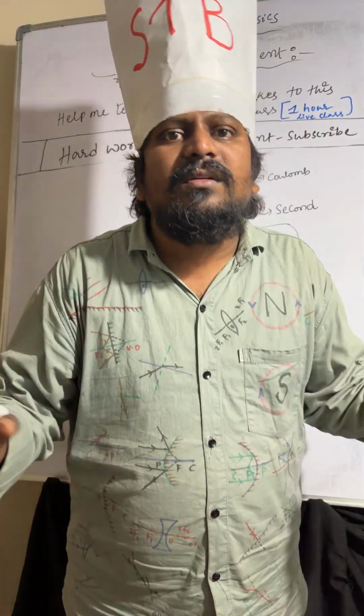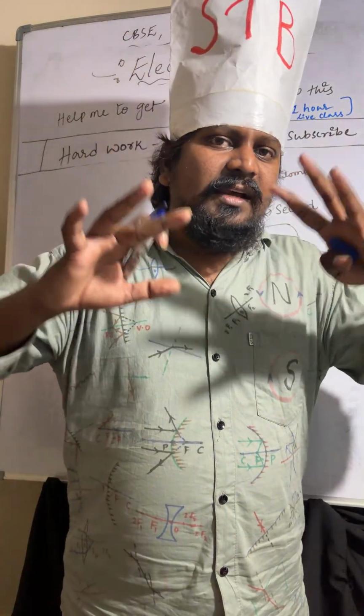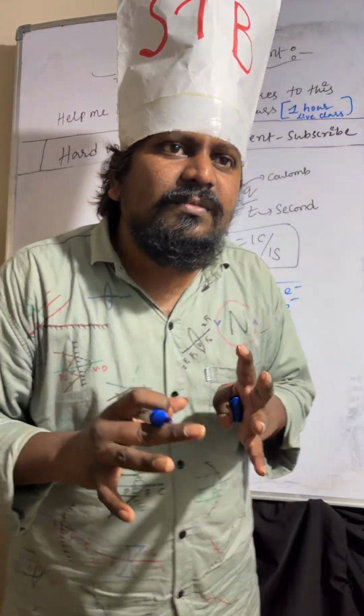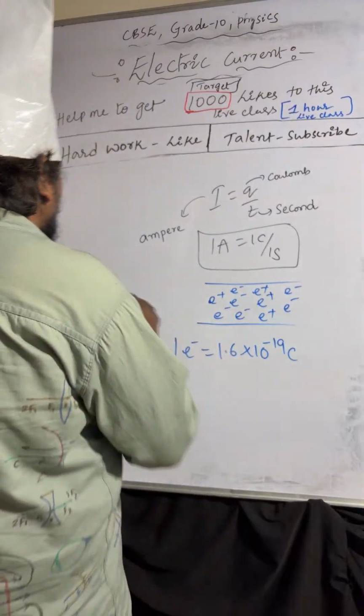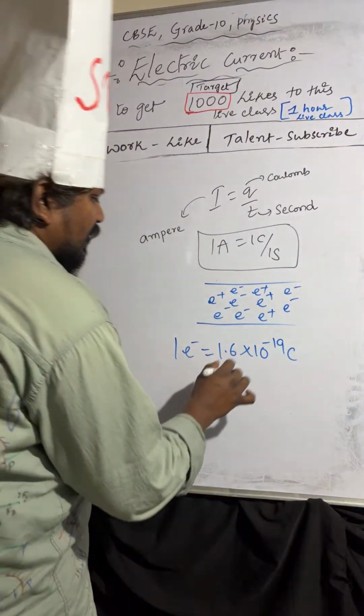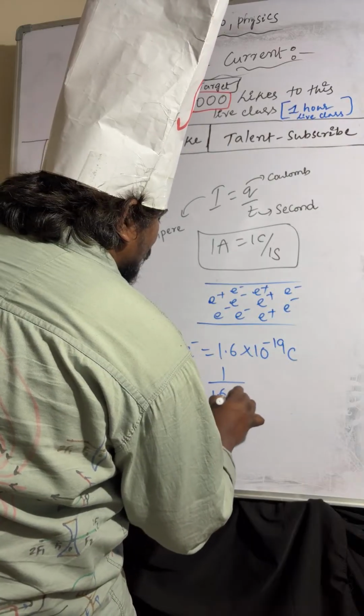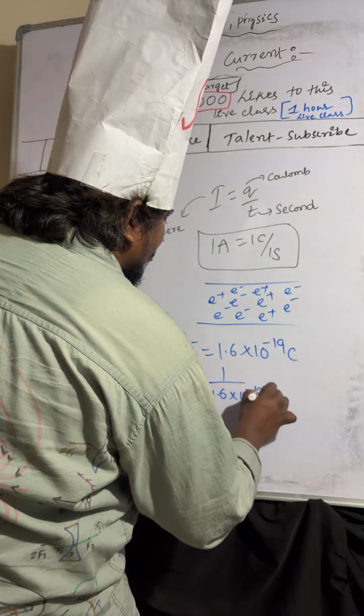In 1 coulomb, how many electrons are present? You can take 1 coulomb divided by 1.6 into 10 power minus 19.